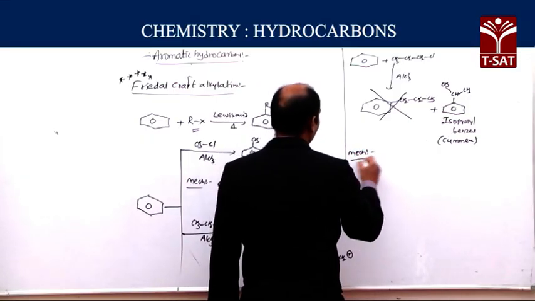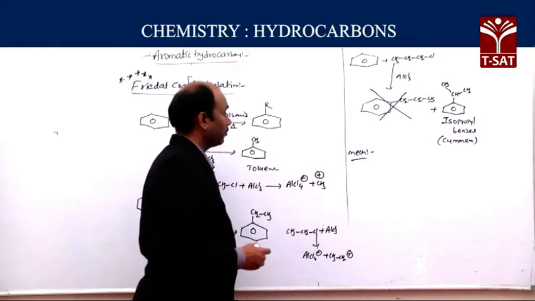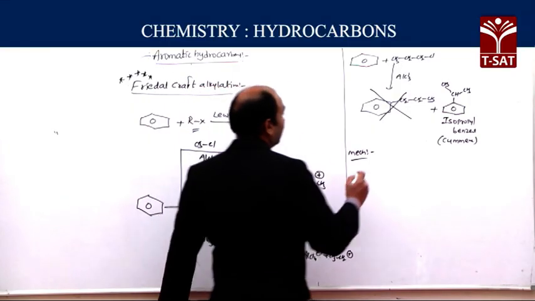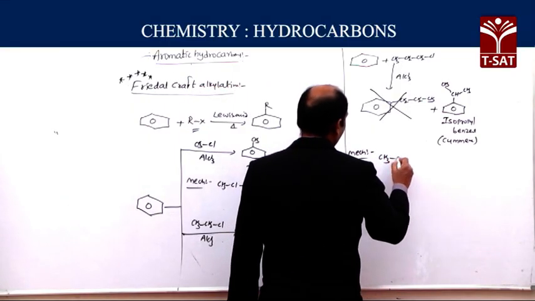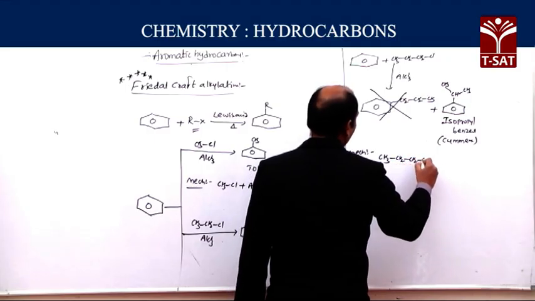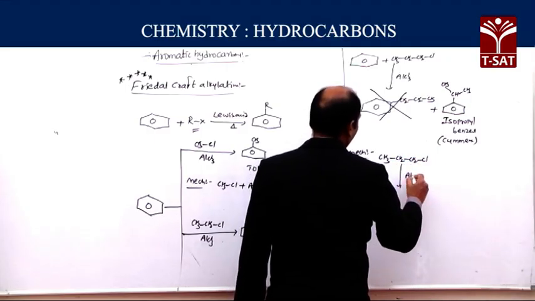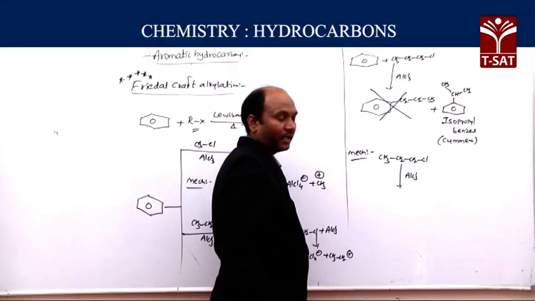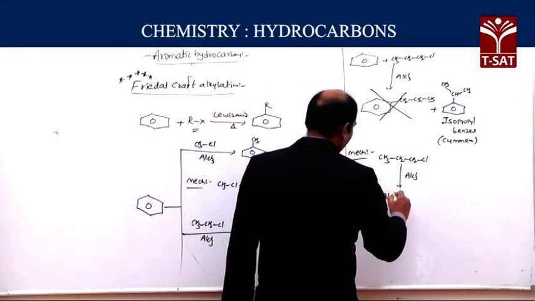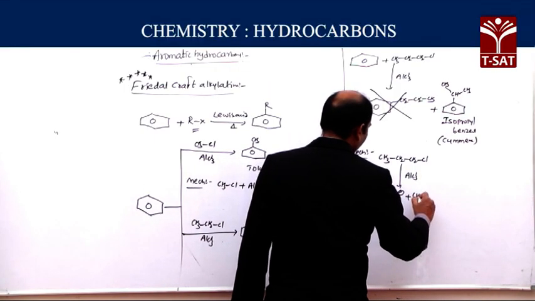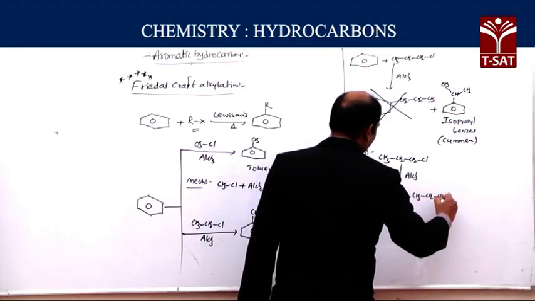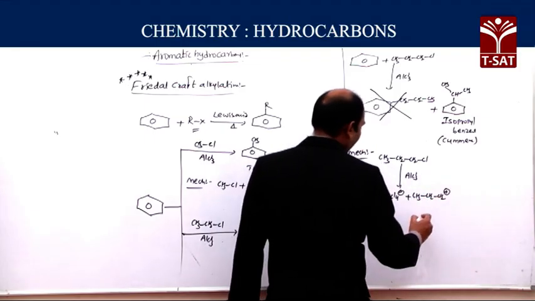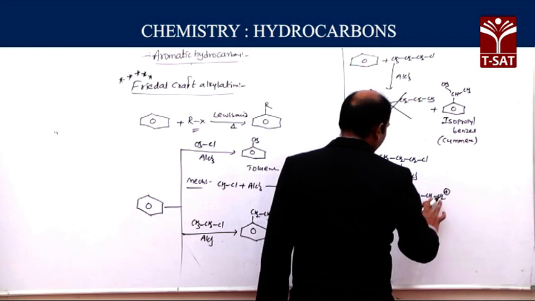We are going to discuss only the generation of the electrophile, not the remaining steps. CH3CH2CH2Cl plus AlCl3 gives AlCl4 minus plus CH3CH2CH2 plus. This is a primary carbocation, which is less stable.